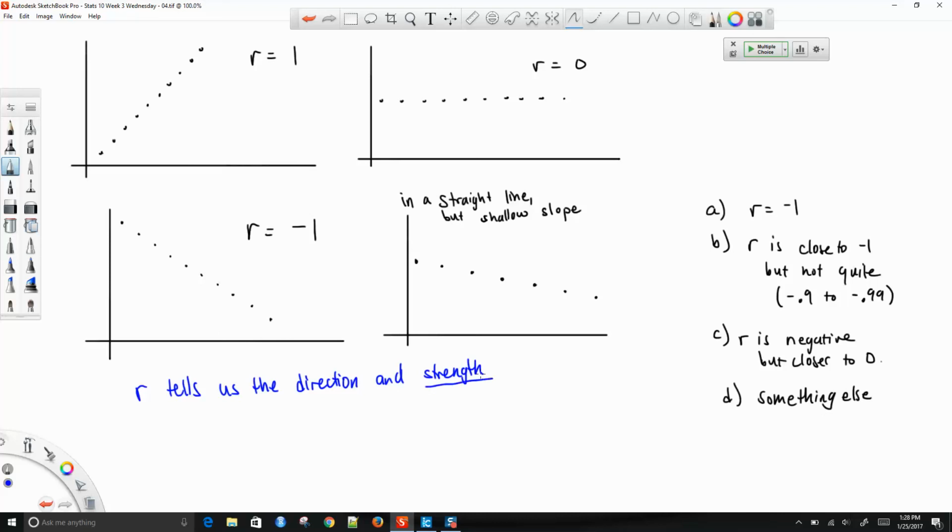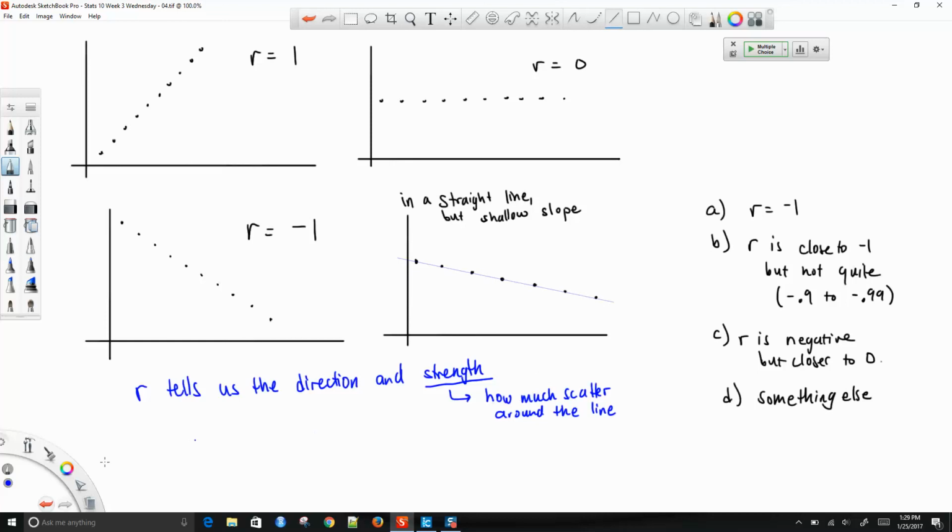When we talk about strength, the idea was: is there lots of scatter or little scatter around the line? If I draw a thin line here, there's no scatter around the line, indicating that you have a very strong relationship.